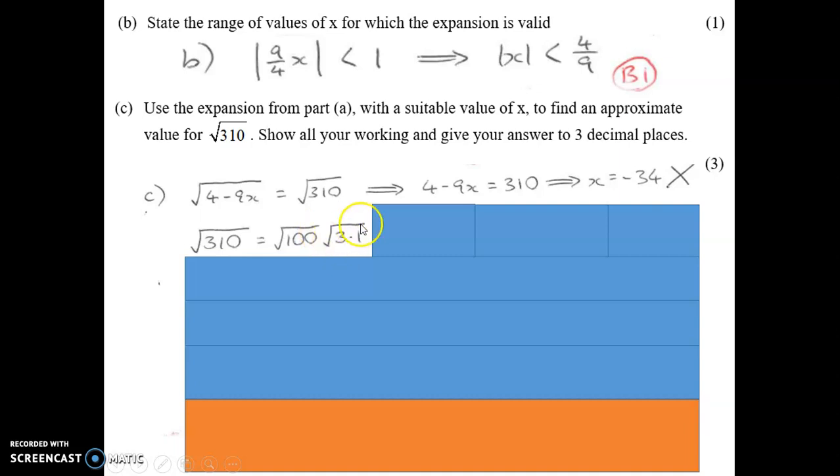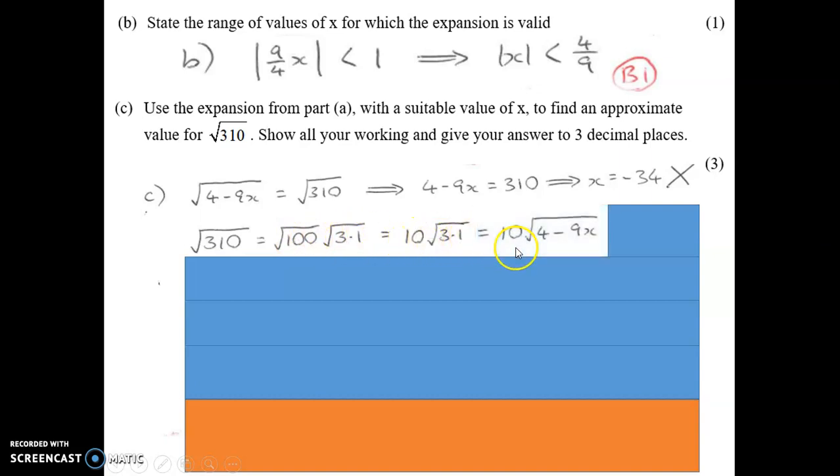So we can use our approximation to find this, because we can say that this is equal to 10 lots of root 3.1, so we want 10 root of 4 minus 9x to equal 10 root 3.1, and to do that we can use an x value of 0.1, and the modulus of that is definitely less than 4/9, so this should work.